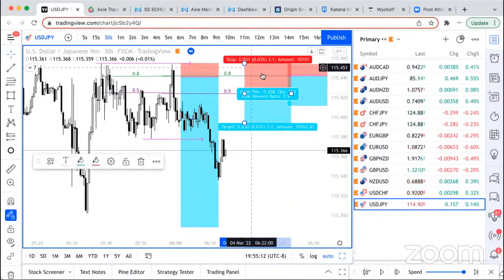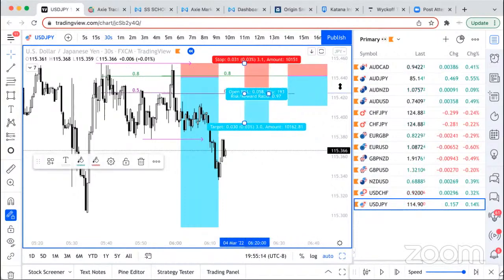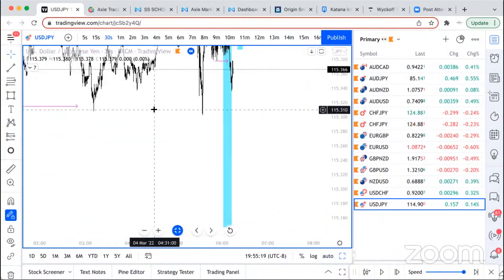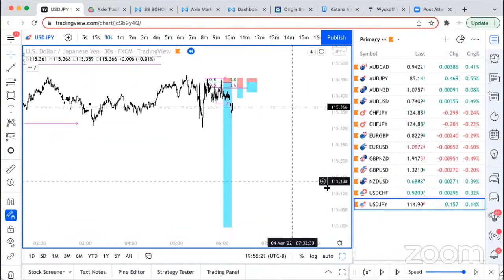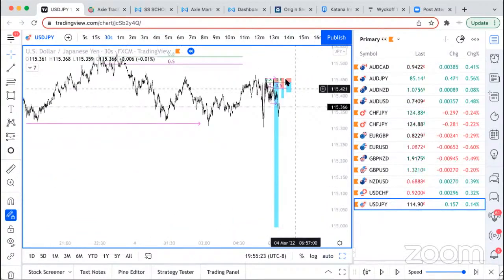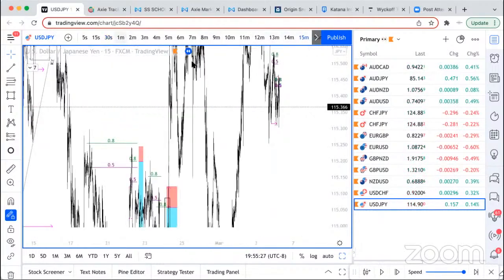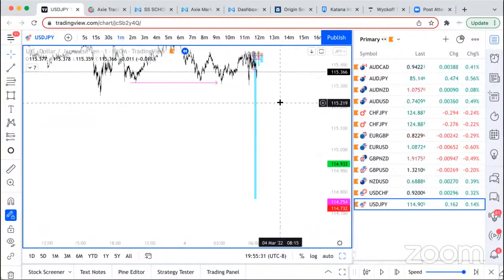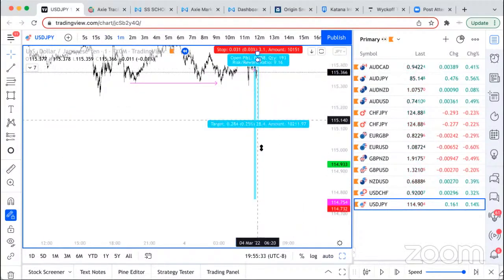So boom. And then once again, bare minimum, we're expecting price to come all the way back down, at least to this level.